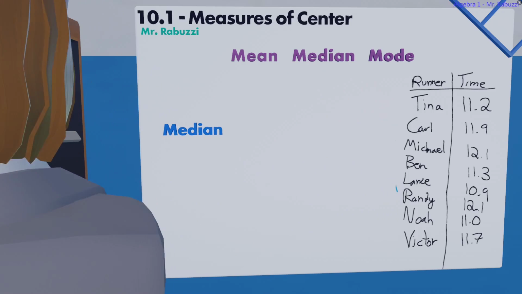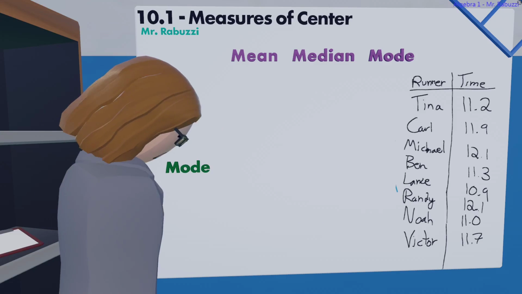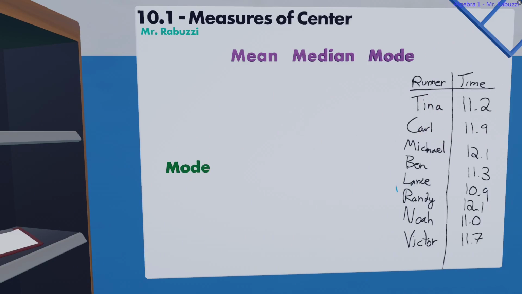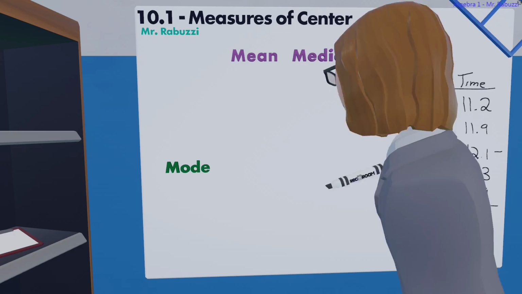And then we do mode. So in a mode, I don't need to write them all again, but I'm just going to count. Is there any doubles in here? That's the question. So I only have one of each of these numbers, but there are 2 places that I see 12.1.